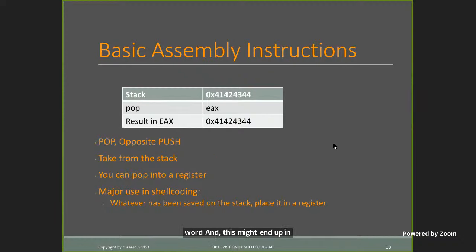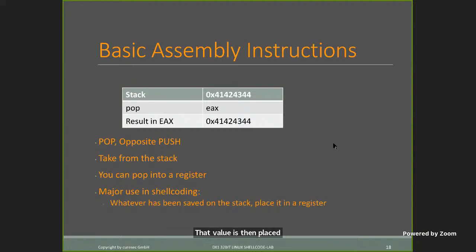Pop is the opposite of push. With pop, we copy a value from the stack and place it in a register. Now, the stack has a so-called stack pointer, that's ESP, and whatever value the stack pointer is pointing to at that moment is then placed in our register.